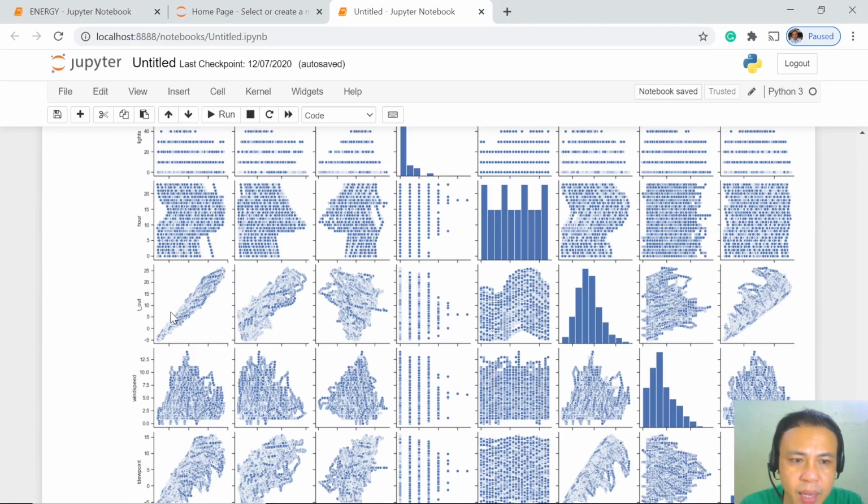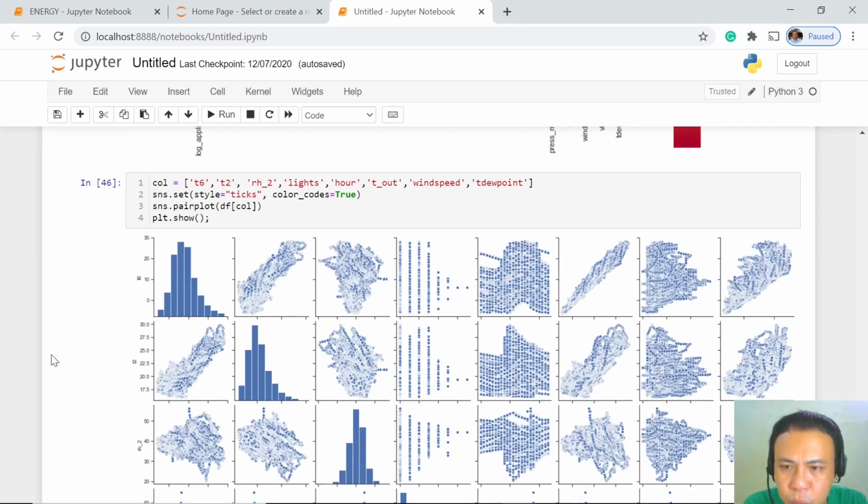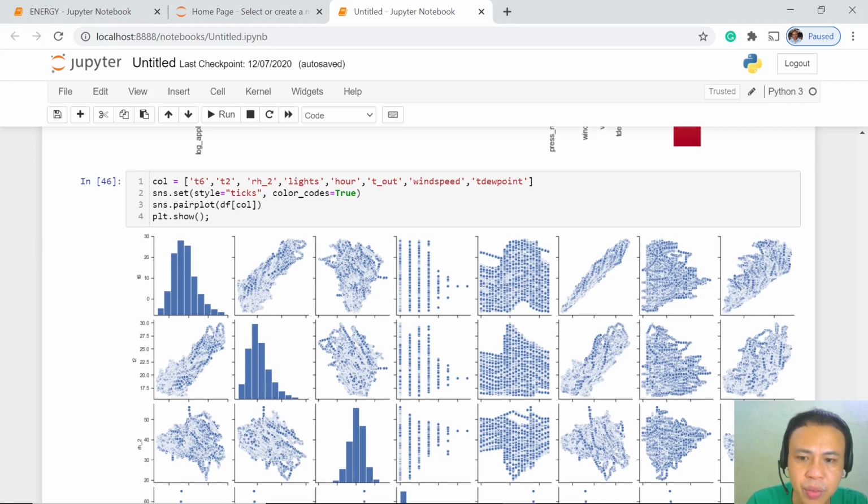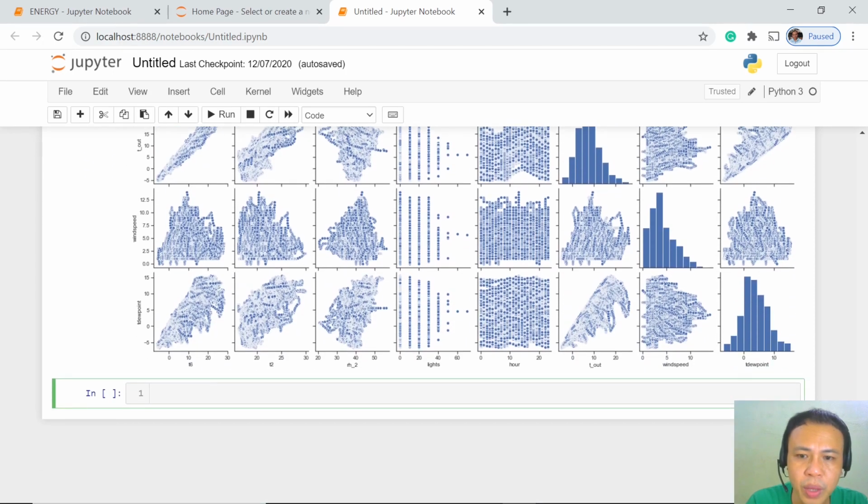So we have the T out, and this is the relationship between the T out and the T dew point, so it's actually higher. And also for the T6 and T2, we can consider that the relationship with T dew point is linear.